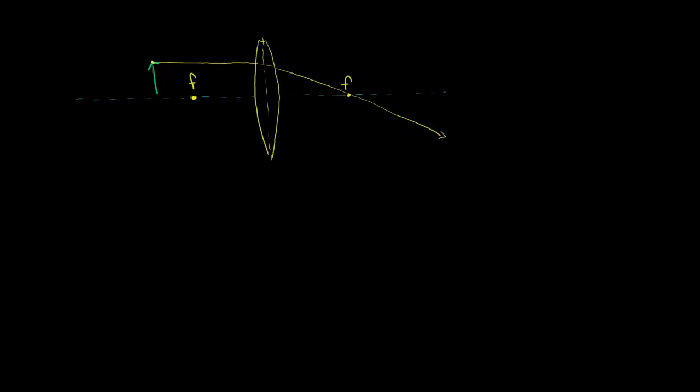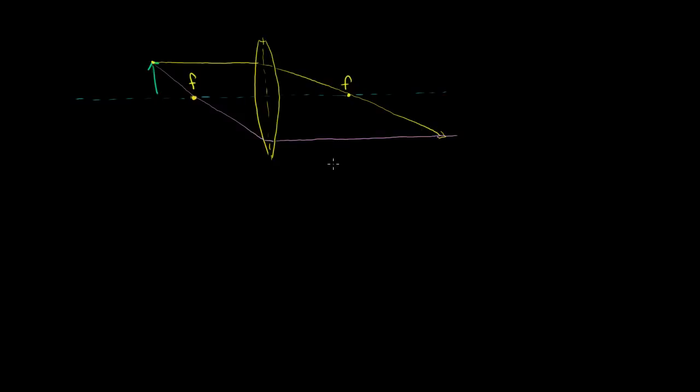And then I could take another ray from the tip of that arrow that goes through the focal point on this side. And so that is going to get refracted like this, and then get refracted again. So it comes out on the other side of the lens going parallel.